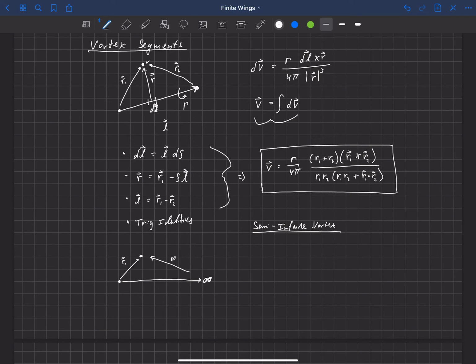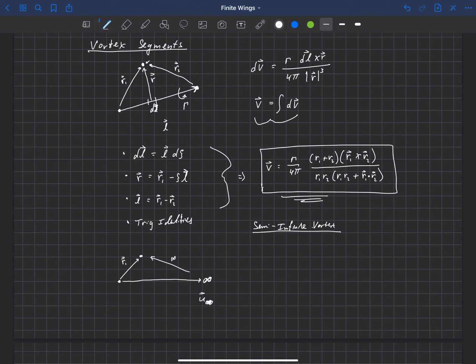Now we can take the limit of this equation that we've developed as r2 approaches infinity, and we're going to say that the direction to infinity is u infinity. That's the direction of the free stream velocity in the numerical lifting line algorithm. That's the direction that these trailing vortices will be headed in.